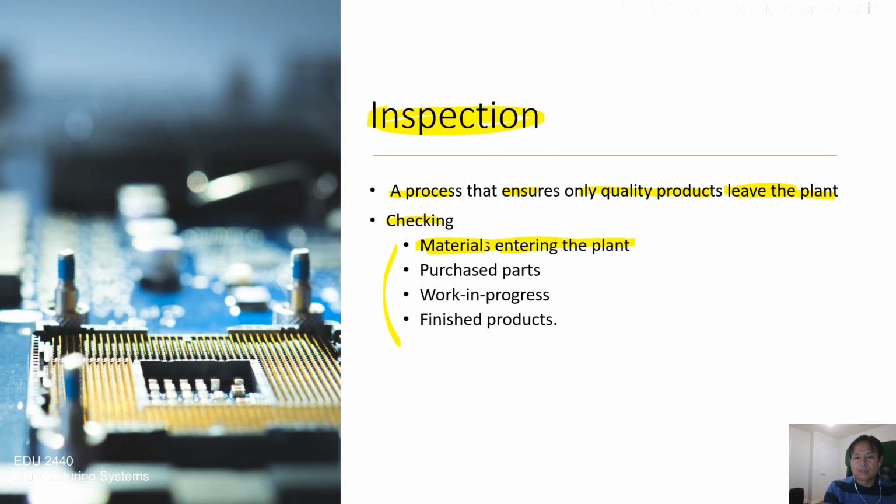First, we inspect the material, and then inspect the parts purchased, and then also check the parts work in progress, and then the finished product. So that means at each moment of the process, we do inspecting to check the quality of product.